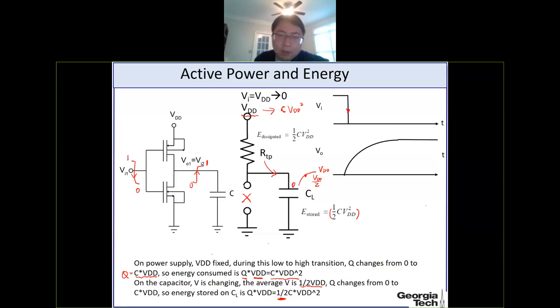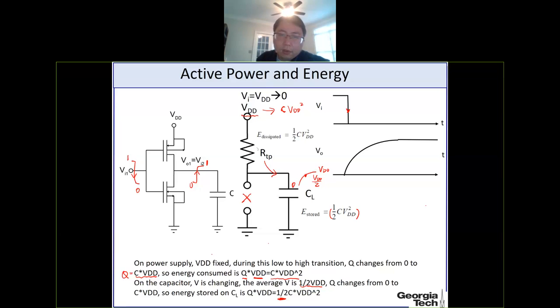And then you can think of this as an open circuit, and you can approximate the PMOS as a resistor with some resistance RP. So this is a first order RC circuit. Essentially you are going to charge this cap from 0 to VDD.